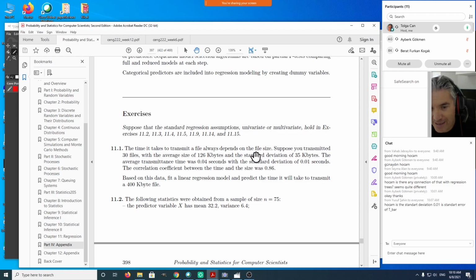So here, in the first sentence, it says and, so you understand that the average size of these 30 files is this, and the standard deviation of these 30 files is 35 kilobytes. Now, in the second sentence, instead of saying and, it uses with, and you may again interpret it incorrectly, saying that, oh, the average transmission time is this, its standard deviation is 0.1. If you understand it like that, it becomes, as you can see, the standard error. Is it the standard deviation of the average, or is it the standard deviation of the sample, is what we need to make sure we understand here.